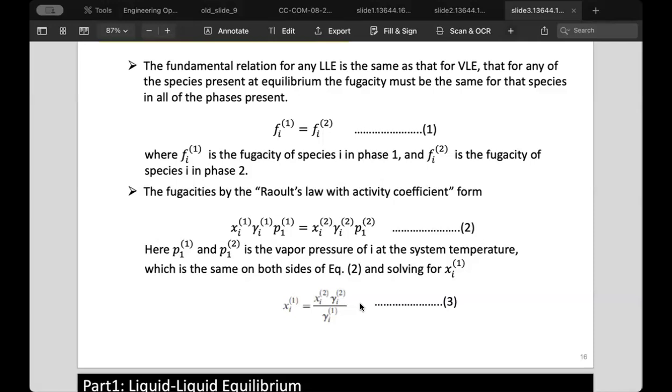So it is the mole fraction of component i in phase 1 times the activity coefficient of component i in phase 1, equal to the mole fraction of component i in phase 2 times the activity coefficient of component i in phase 2, right? Or x_i in phase 1 equals x_i in phase 2 times gamma_i in phase 2 over gamma_i in phase 1, right?